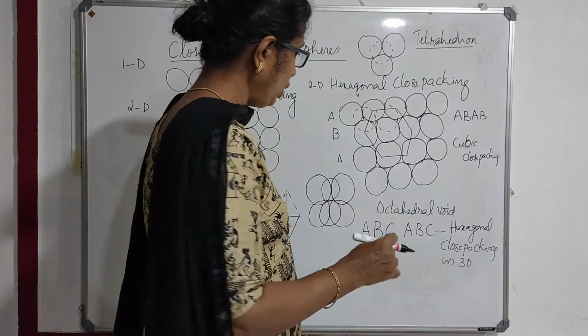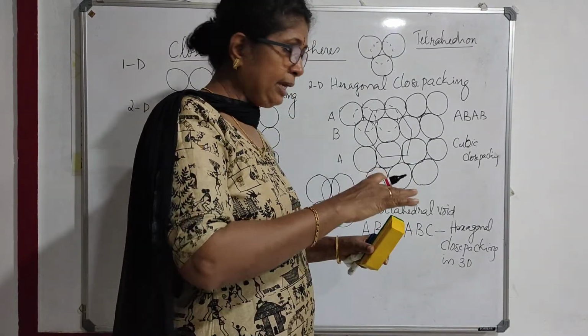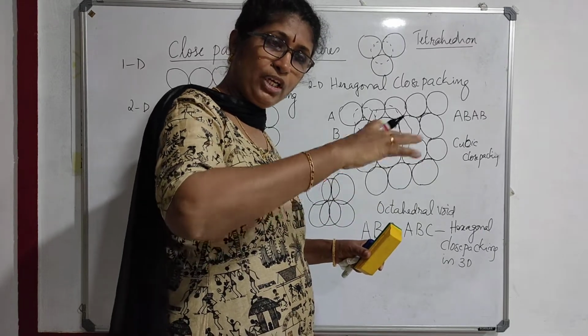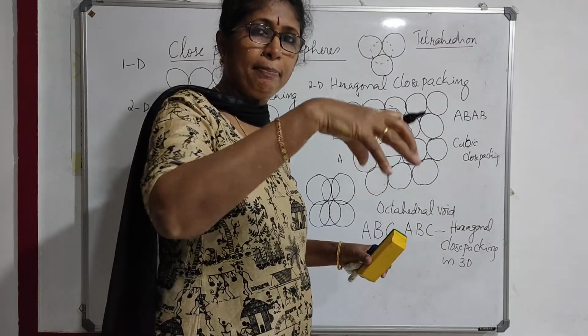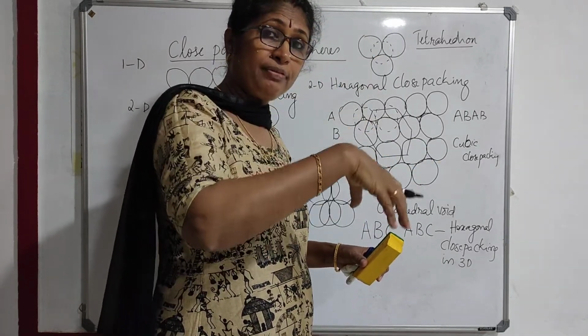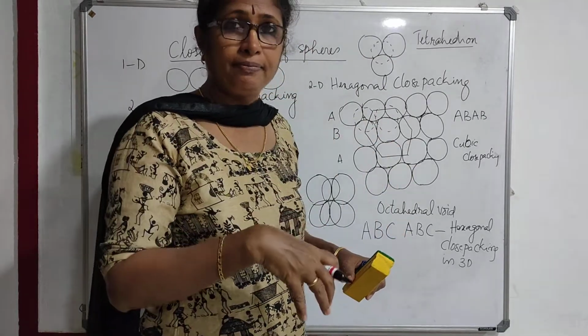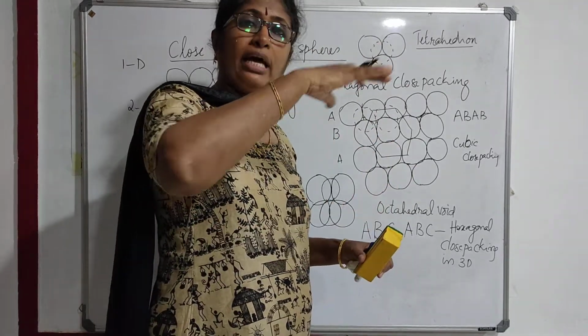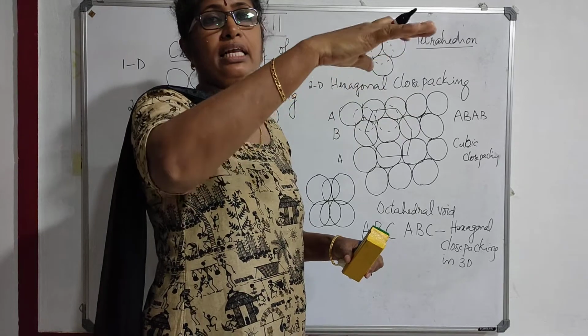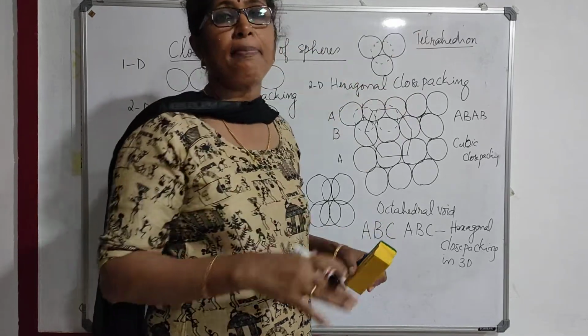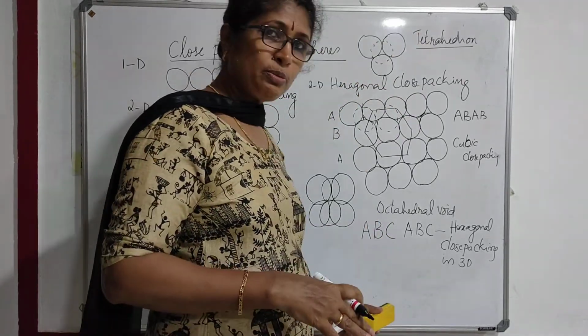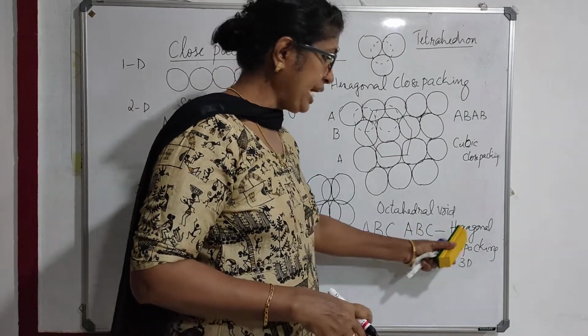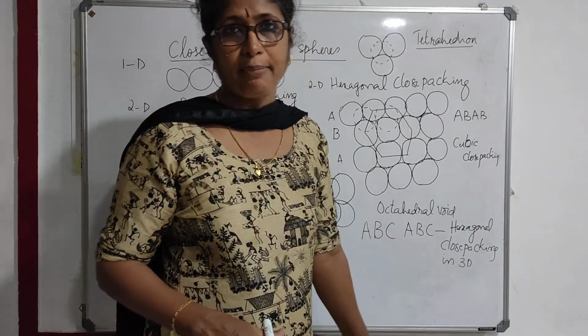Understood? So you keep A layer, over the grooves of the A layer you keep the B layer, again in the grooves of the B layer you keep the C layer. വീണ്ടും റിപ്പീറ്റ് ചെയ്യുന്നു, A layer വയ്ക്കുന്നു, B layer വയ്ക്കുന്നു, C layer വയ്ക്കുന്നു. So ABC type of close packing. The close packing obtained like this is called hexagonal close packing in 3 dimension.